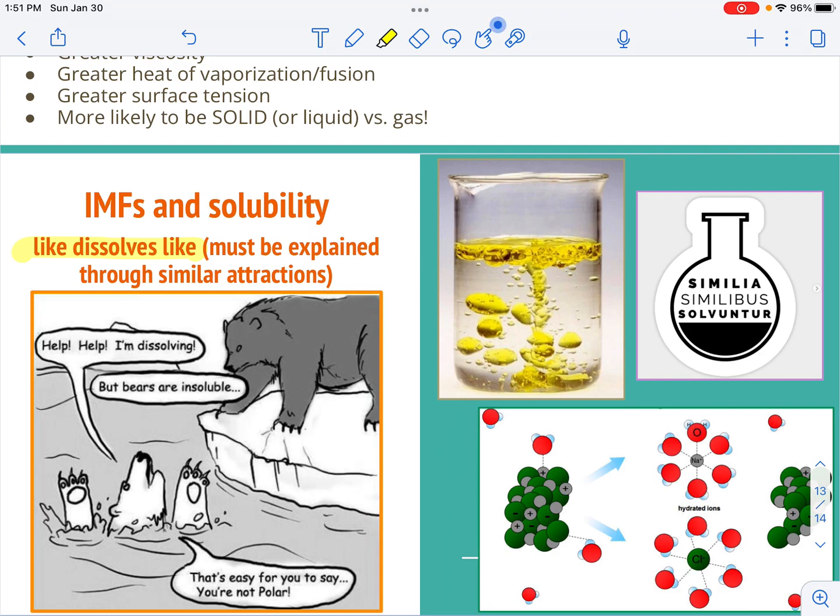Remember that oil is nonpolar and water is polar, so the oil cannot get in between the attraction of the hydrogen bonds from water molecule to water molecule and stays separate completely. Whereas your ionic substance can get in between these water molecules and actually form new attractions with the ions to the water molecules and be able to dissolve.